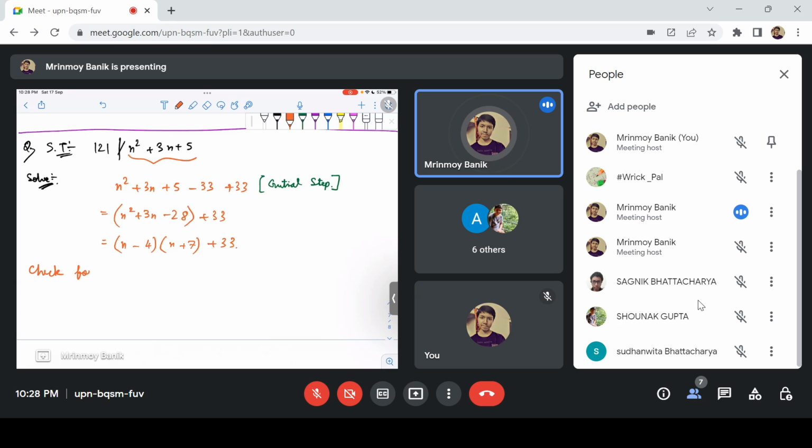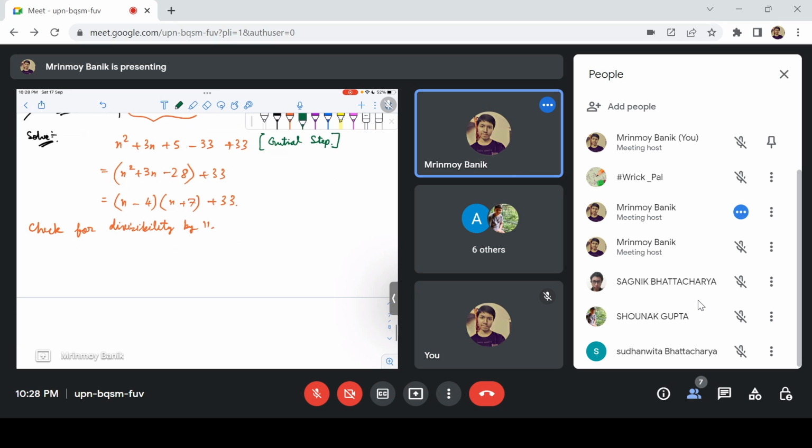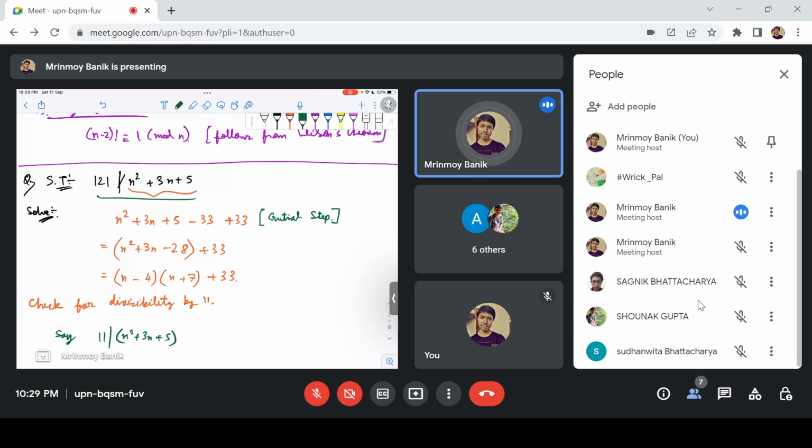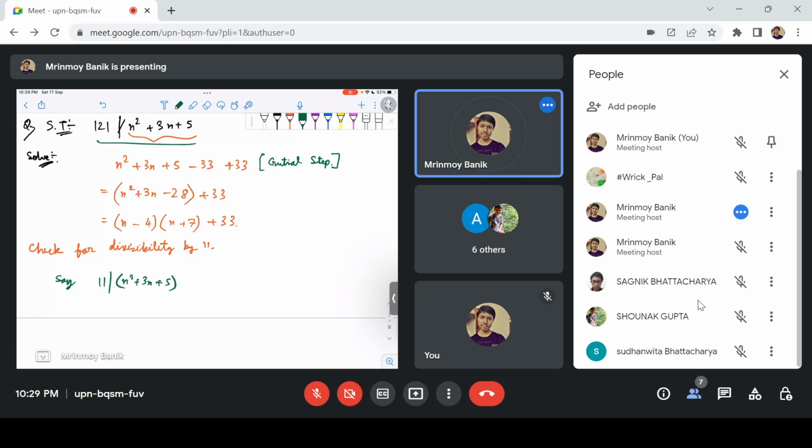So check for divisibility by 11. Suppose 11 divides n squared plus 3n plus 5 minus 33, so just this. For 121 to divide the original expression, 11 must at least divide the expression, right?